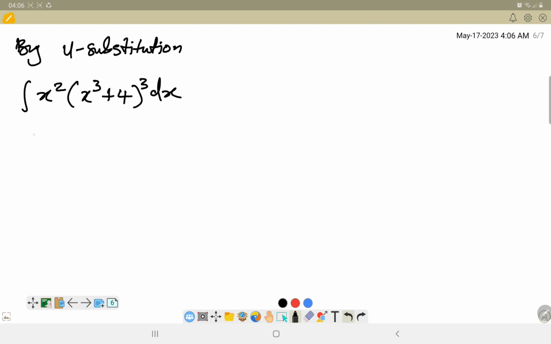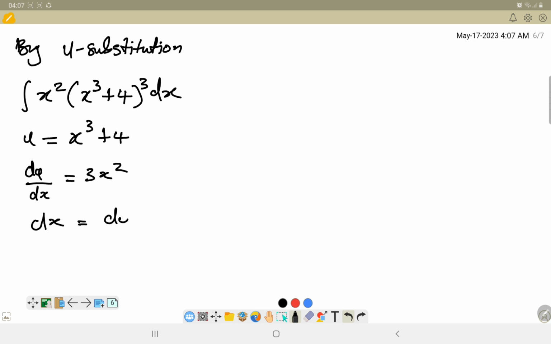So by u substitution, we say u equals x to the power 3 plus 4. Then when we differentiate u, we say du over dx gives 3x squared. Then if we make dx the subject of the formula, we end up having du over 3x squared.